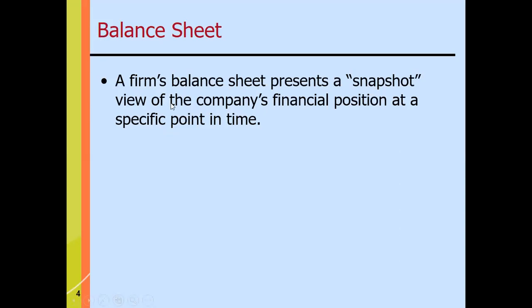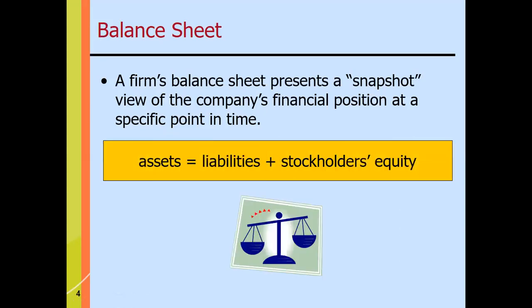The balance sheet, or statement of financial position, shows us the three accounting elements, which are the real or permanent accounts, the balance sheet accounts that remain after we close the nominal accounts, namely income, expenses, and drawing. A firm's balance sheet presents a snapshot view of the company's financial position at a specific point in time. Financial position would show us the standing.